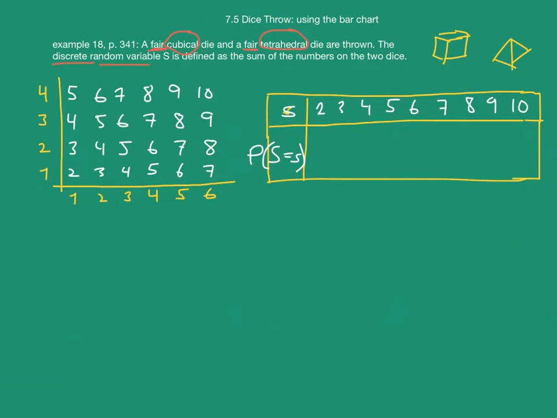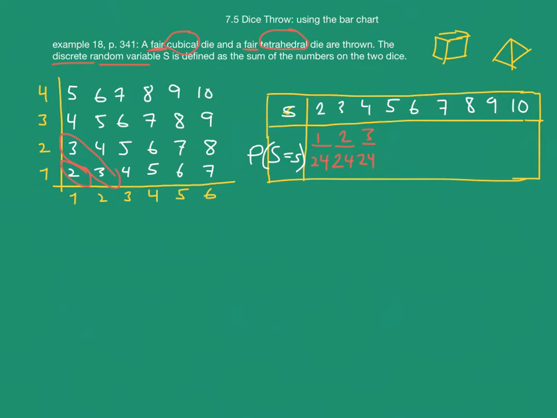So for 2, we can just mark that off here. That's 1 out of 24. For 3, it's 2 out of 24. And for 4, it's 3 out of 24.